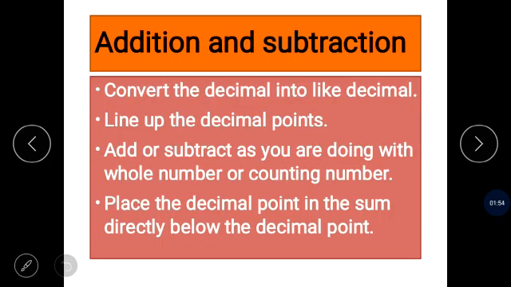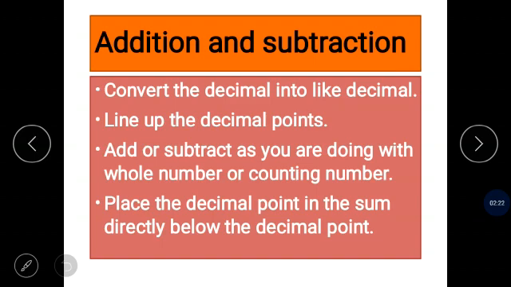Firstly we will discuss the rules of addition and subtraction on decimal numbers. The rules are: first, convert the decimals into like decimals, as I already told you in the first part. After that, line up the decimal points.